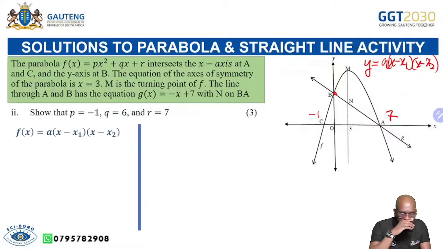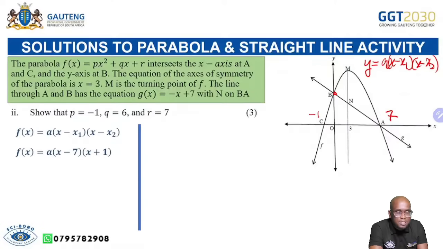Right, let's check. Now x1 and x2 are the x-intercepts. We substituted 7 for x1 and we substituted negative 1, because it now becomes what? x minus 7, all right, into x minus negative 1. That's what gave us plus 1 there, all right?